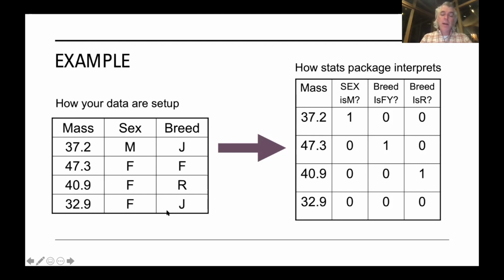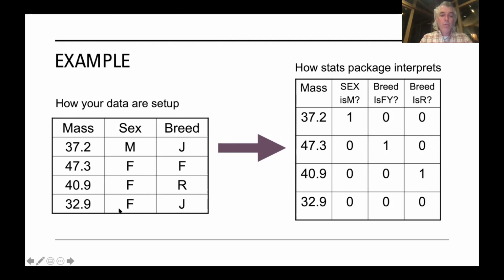Now, this is how you might set up your data file in your analysis. But what happens in the background that you don't see is that your statistical package is going to represent these different levels in your categorical predictors by a series of yes or no questions, where yes as an answer is represented by the number 1 and no is represented by the number 0.